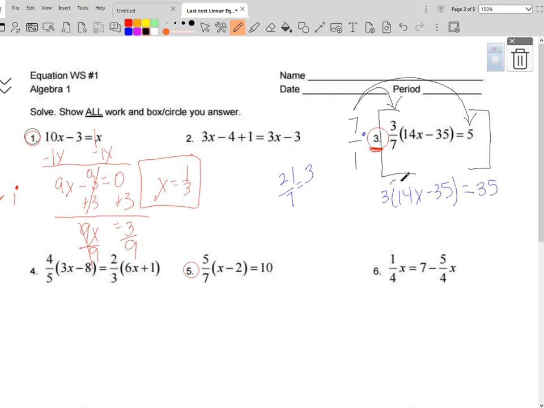So now we're going to distribute the 3 to everything in the parentheses. And that makes this 42x minus 105. This is 3 times 35, 105.